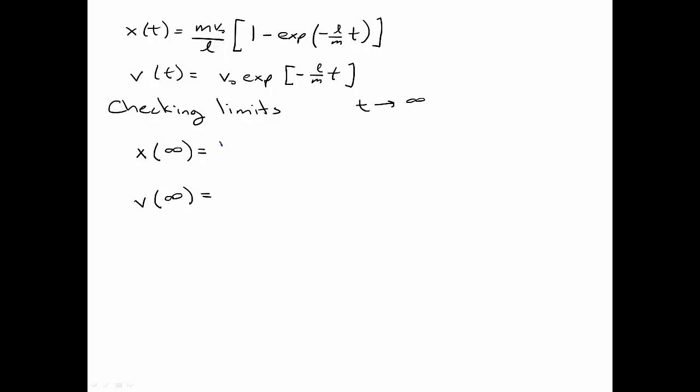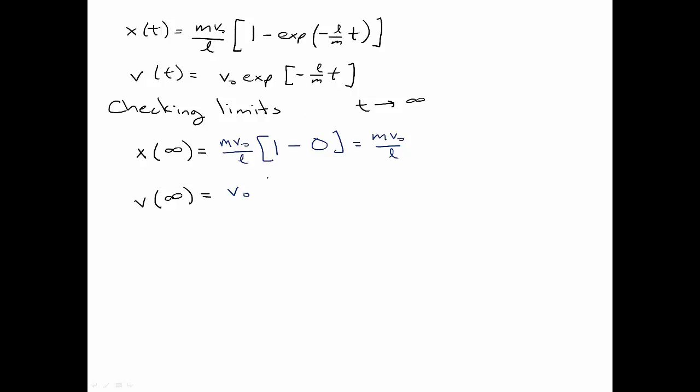Okay. So what do we have? 1 minus the exponent as time goes to infinity. So this is an exponential minus exponential. E to the minus infinity is 0. So it just becomes mv naught over L. And what do we get for velocity?